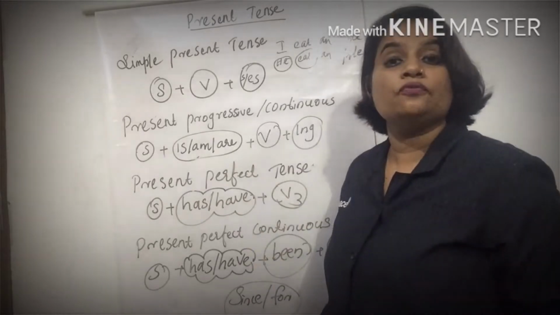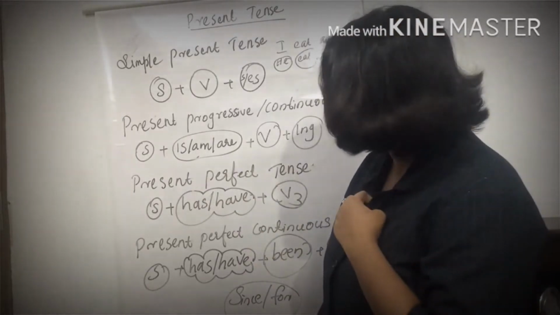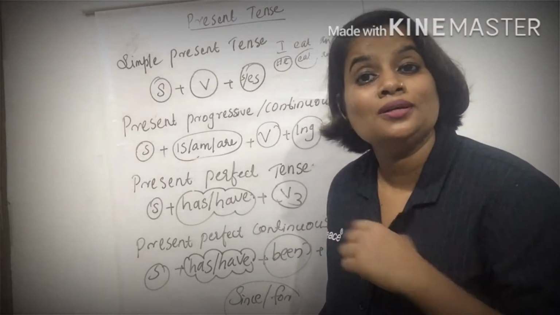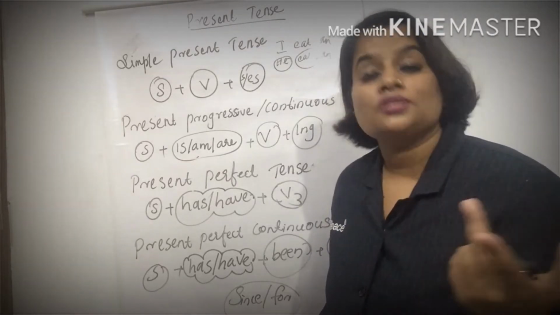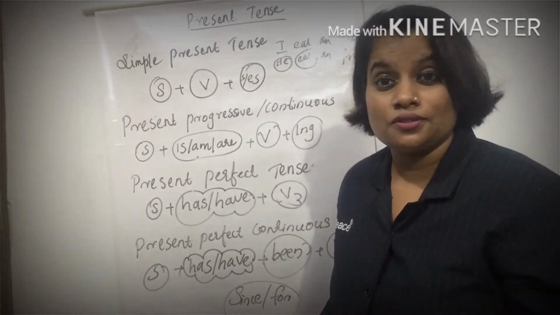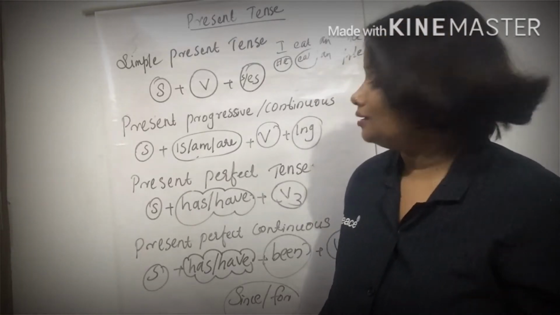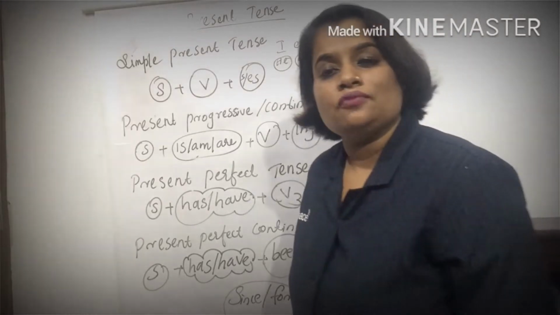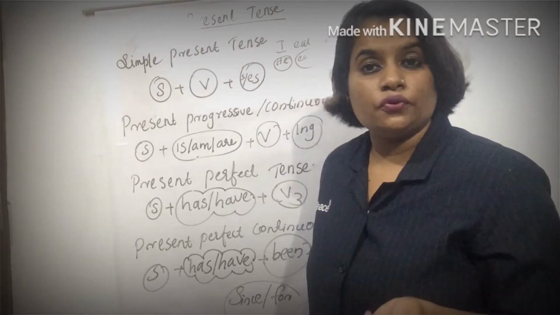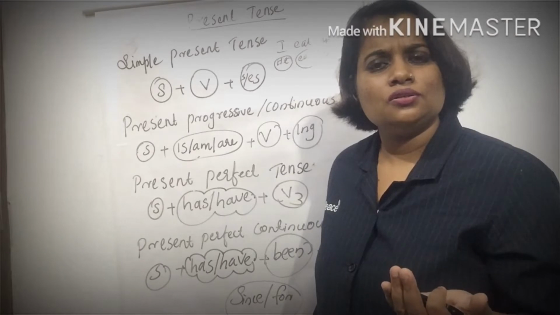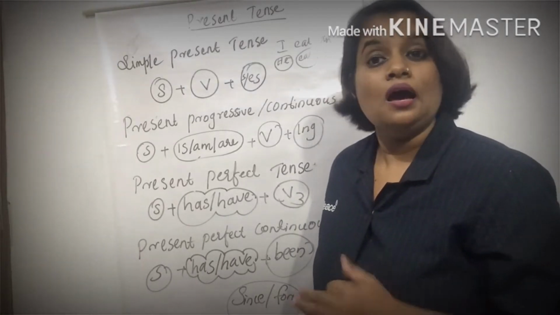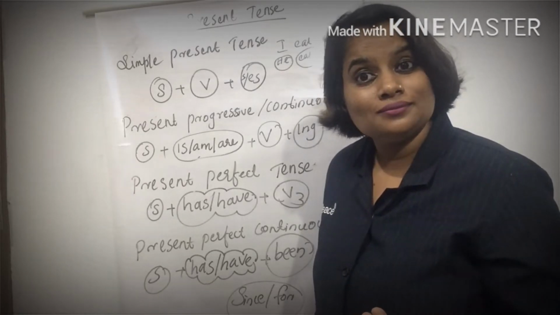Okay, the next one is present perfect tense. Most of you will have doubts about this present perfect tense. I can tell you how to express it correctly. Imagine your teacher has given you some homework. The very next day, she came to your classroom and asked you, have you done your homework?